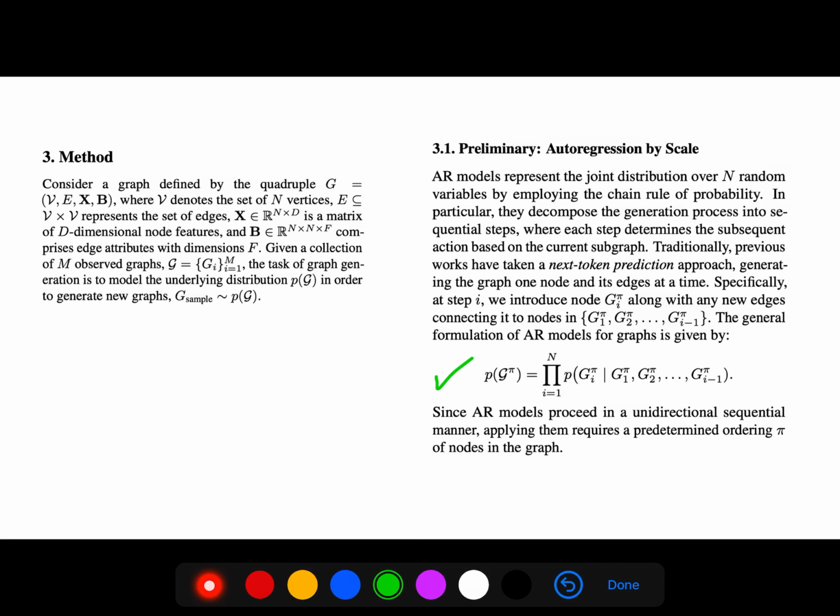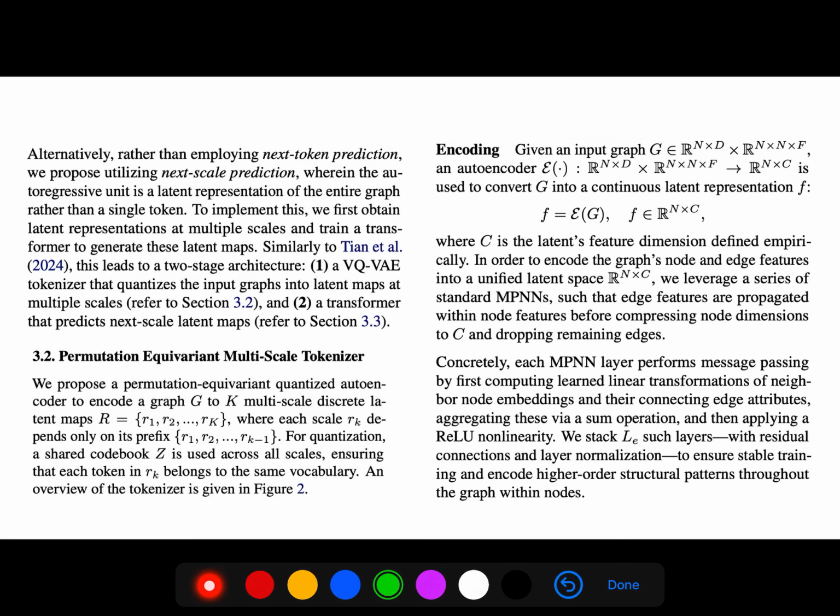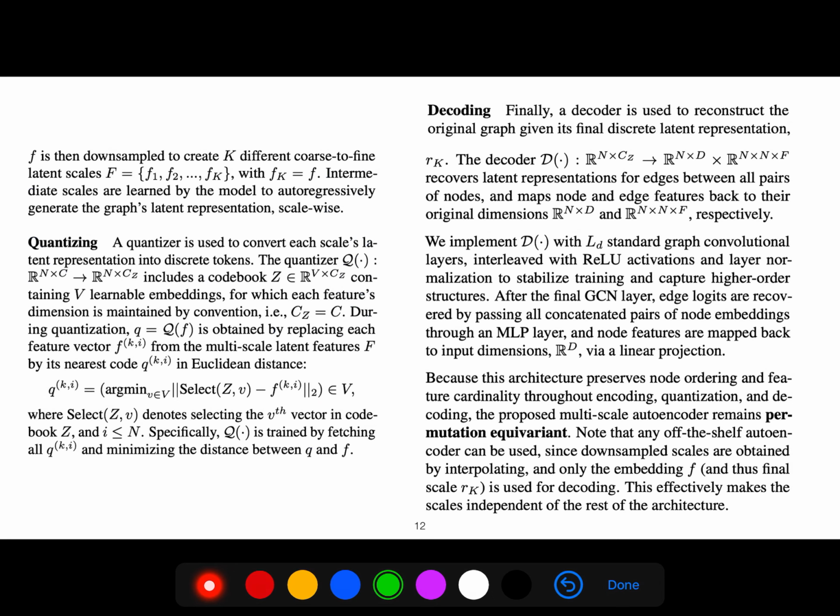So you see, this is the general autoregressive model in graph. And then they use this quantizer. A quantizer is used to convert each scale's latent representation into discrete tokens. The quantizer includes a codebook containing learnable embeddings for which each feature's dimension is maintained by convention.